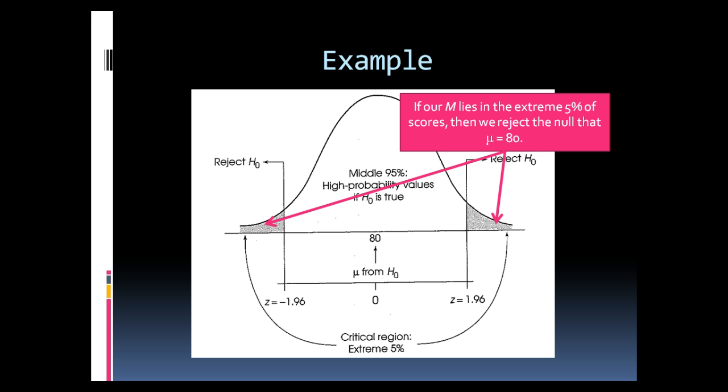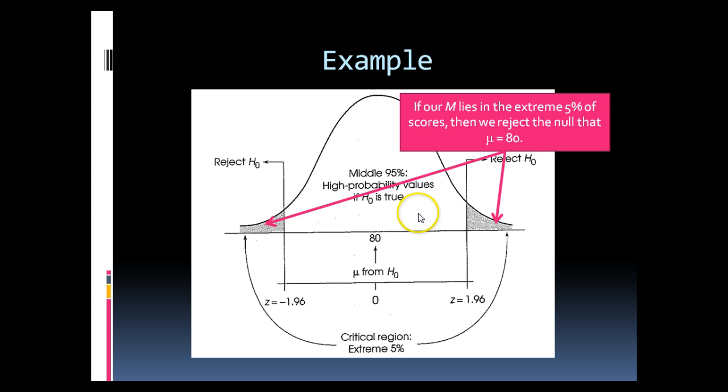So basically we're evaluating alpha equals 0.05 in this case, looking at the extreme 5%, and at the bottom of the figure you'll see right here a critical region, the extreme 5%. And look, there's the middle 95% with high probability values if H sub 0 is true.